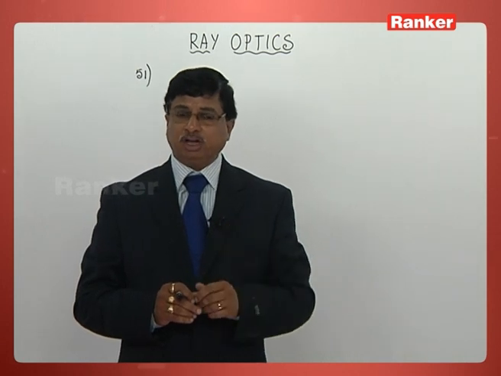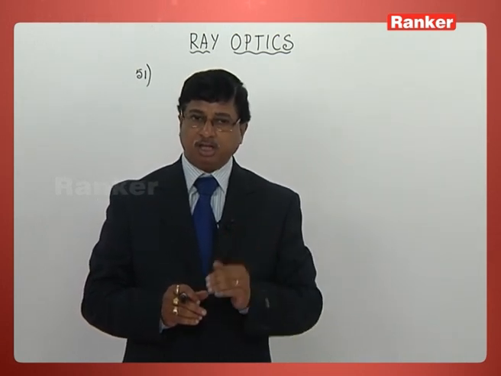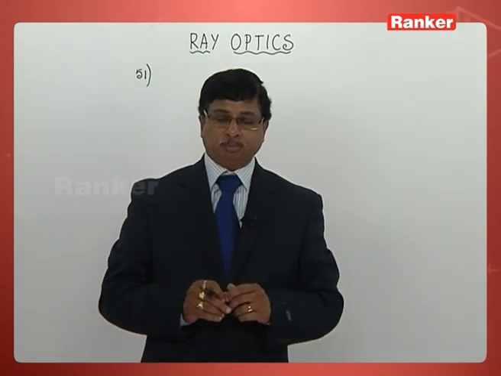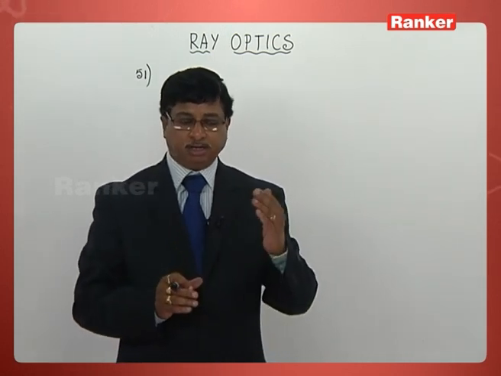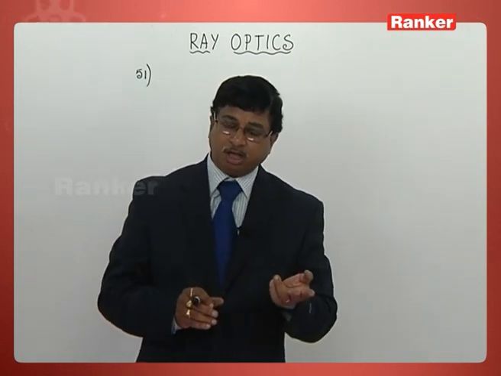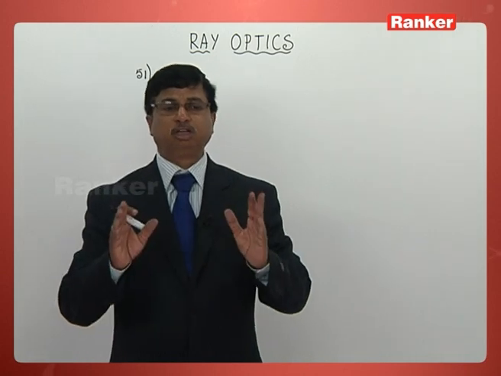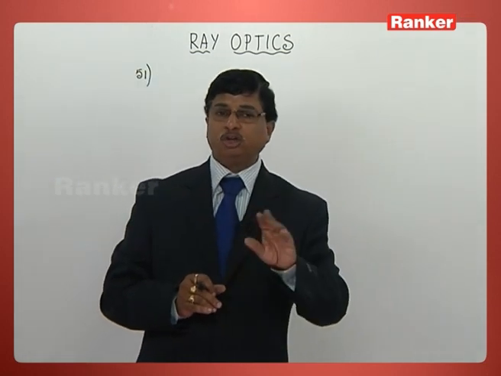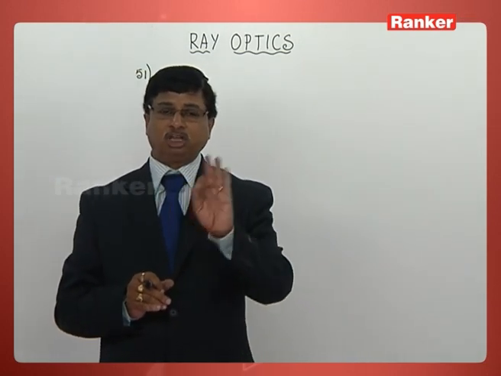In addition to that, each color also has deviation. That means whenever white light enters the glass prism, both dispersion and deviation are going to be observed. But here he is asking as a condition that he doesn't want dispersion to take place inside.